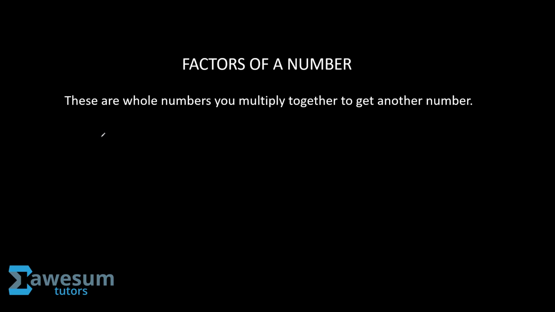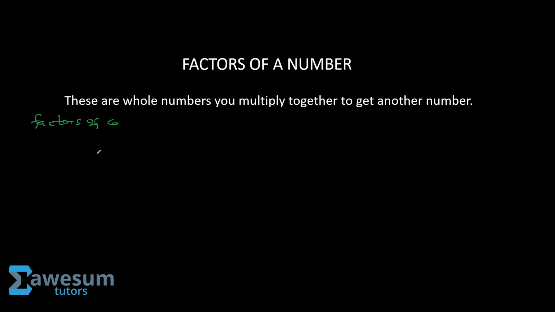What does this mean? If you are being asked to find factors of 6, what this means is that you should look for the numbers that when you multiply them together give you 6.